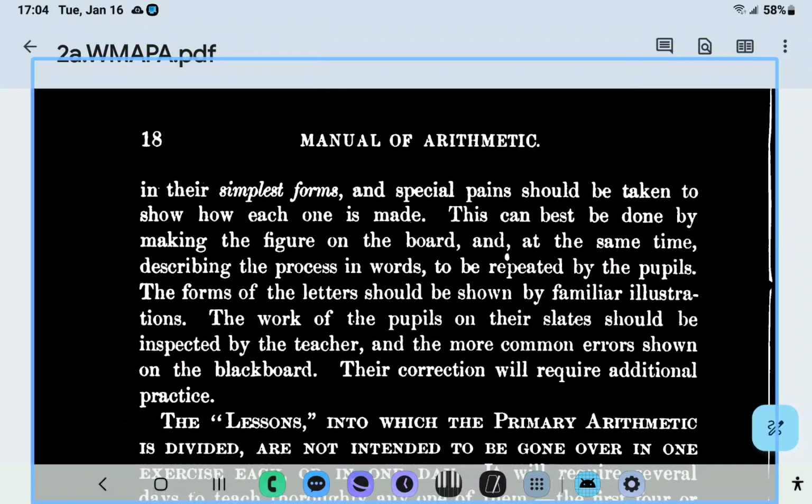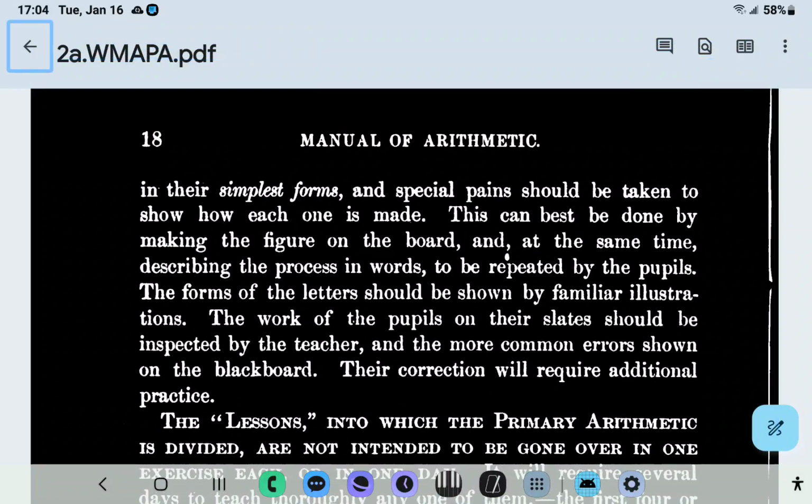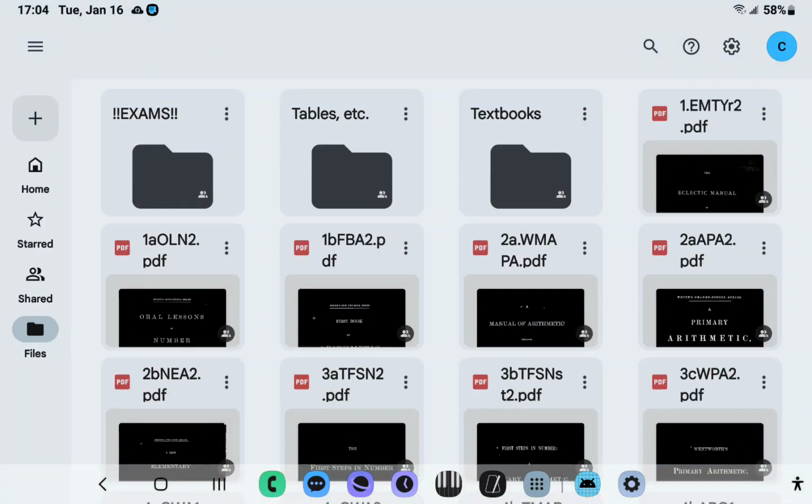I wanna read through the pages of the class book we're doing. Quiet. I need to find the other three. Not 3B. Wait. 2A. I need 2A, this book here.